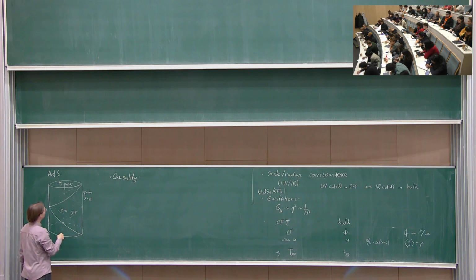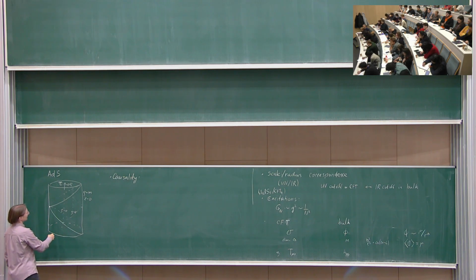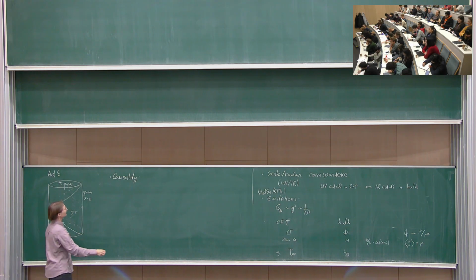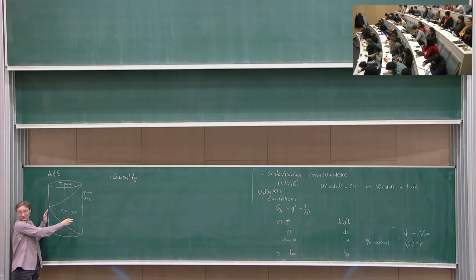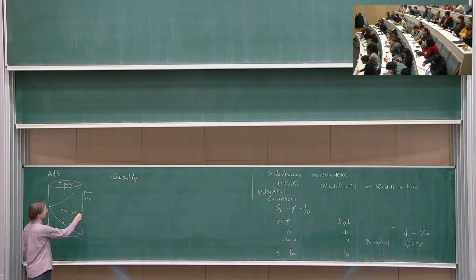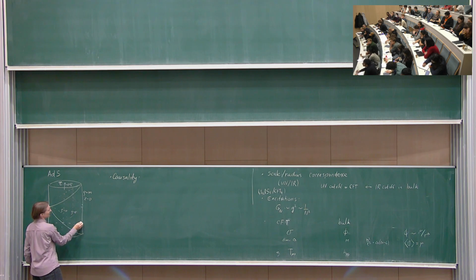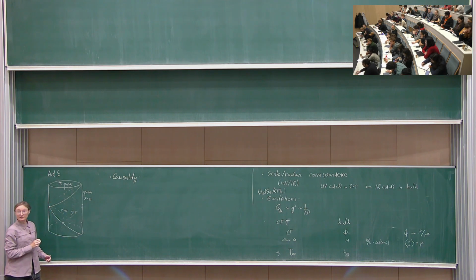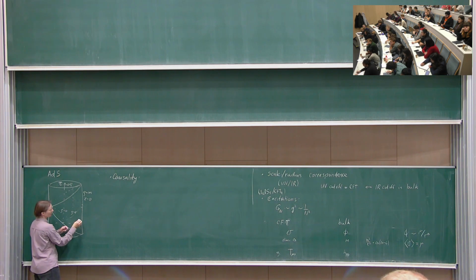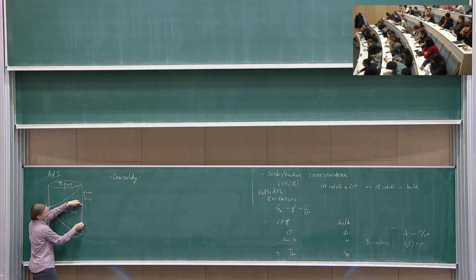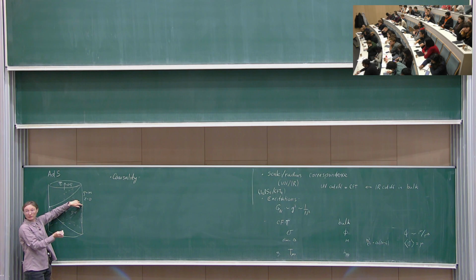So on the boundary metric, the boundary metric is induced from the bulk metric, which means that if you have 2 points on the boundary that are time-like separated or causally separated on the boundary, then of course they're causally separated in the bulk because after all you could go arbitrarily close to the boundary, and because there's a time-like curve between them on the boundary, there's also a time-like curve between them in the bulk.